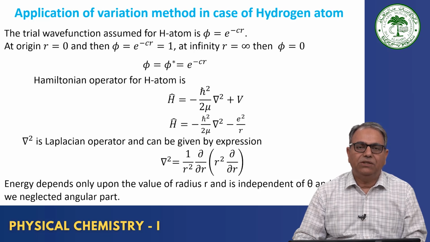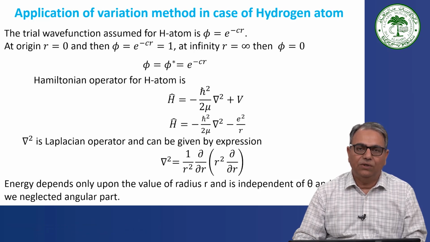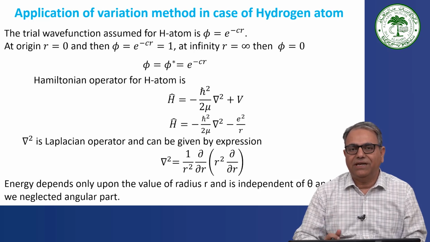The basic premise of the variation theorem is that the energy obtained from any trial function is always greater than the ground state energy of the system, because whatever you are guessing is a trial function, not the exact function, and we try to go from this trial function to as minimum an energy as possible, as close to the ground state energy as possible.